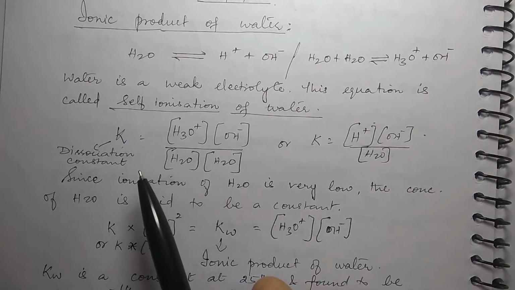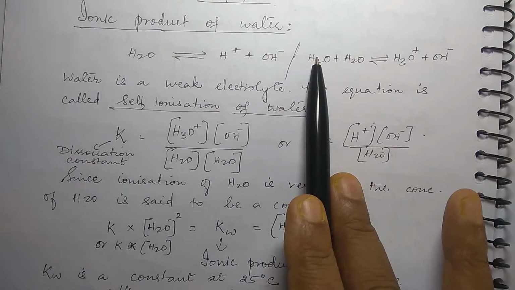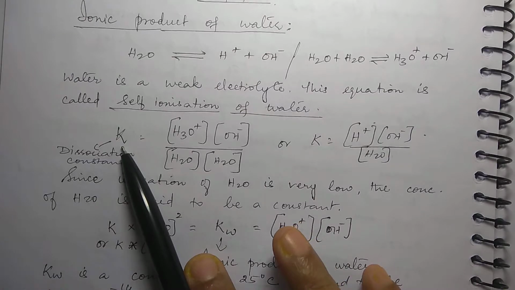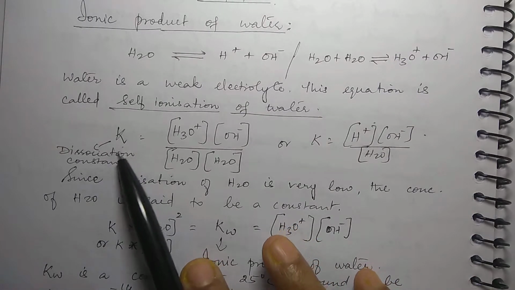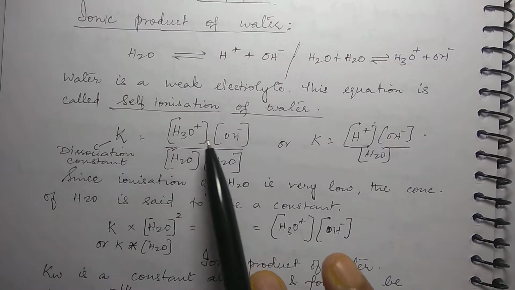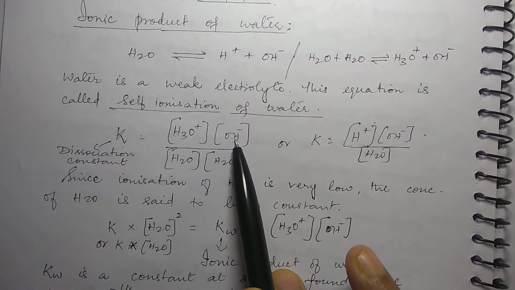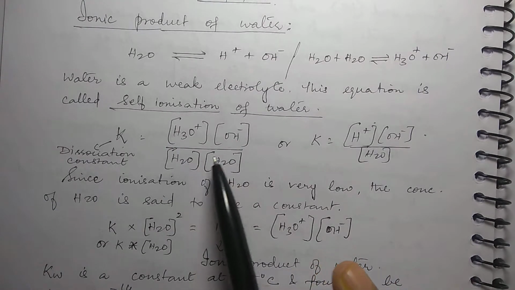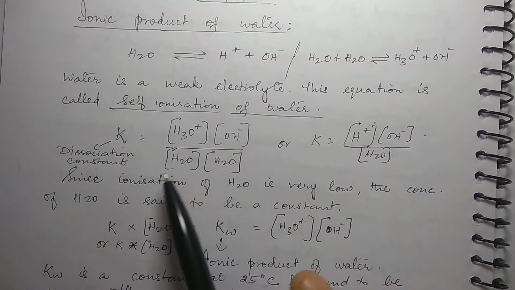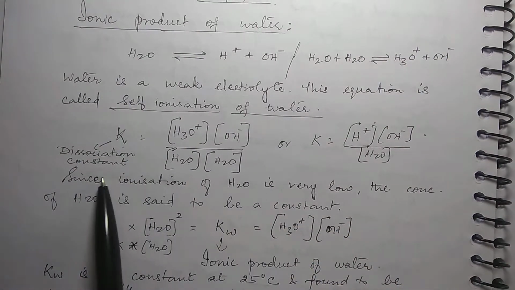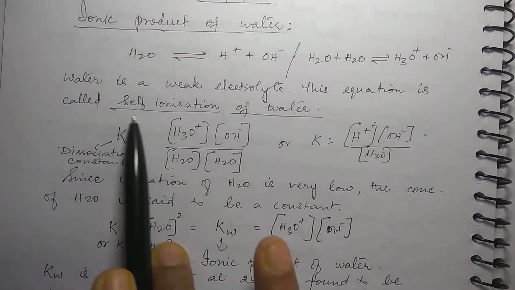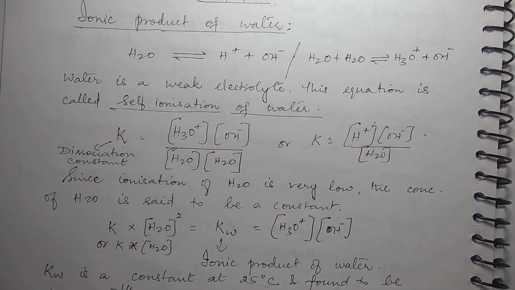So for this expression, how will you write the dissociation constant K? K is equal to the product of concentration of products upon the product of concentration of reactants. This is the expression for the equilibrium constant. Here you are going to call it the dissociation constant.